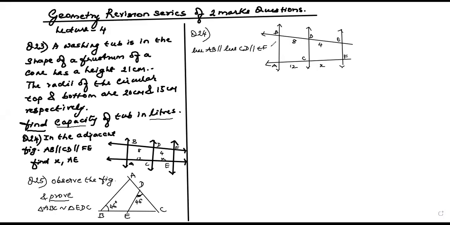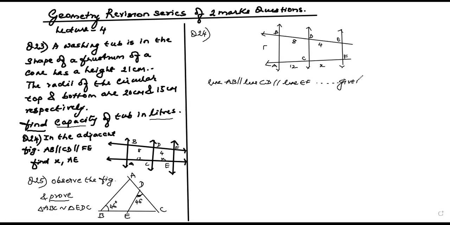Are you getting me, children? Whenever you see 3 parallel lines, only one theorem should come to your mind: the property of intercepts made by 3 parallel lines. So line AB is parallel to line CD, parallel to line EF, is given.